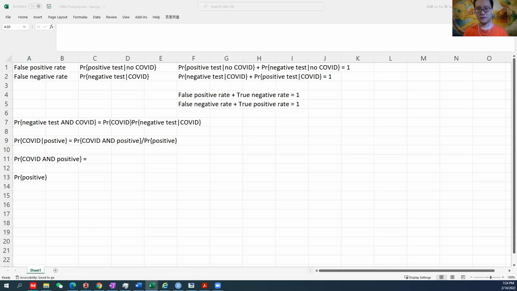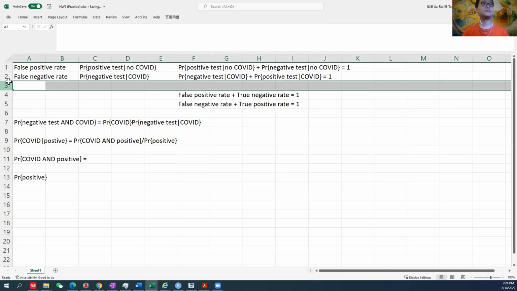In question 2, what I found that some other students did not find easy to go through is these two things. Let's see, maybe it's easier to put them here.